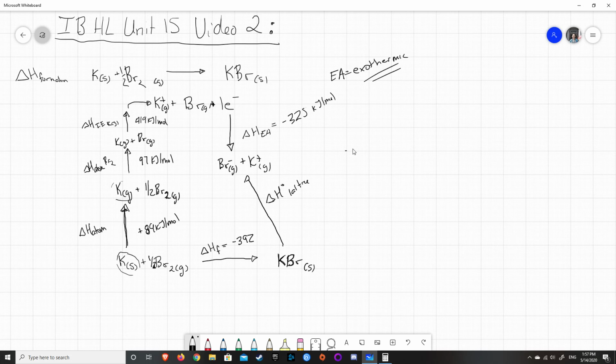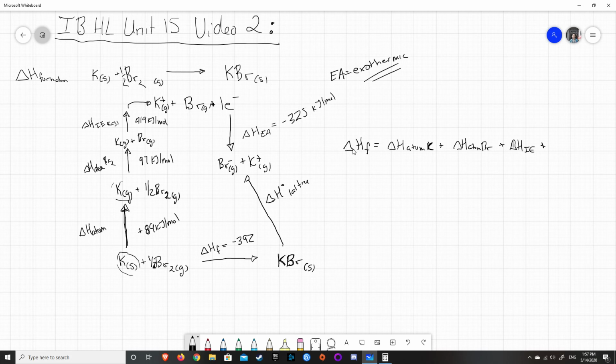So let's write this out a little bit. Delta H of formation is equal to you add your delta H of atomization of potassium, K. You add the delta H of atomization of bromine. You add the delta H of ionization energy.